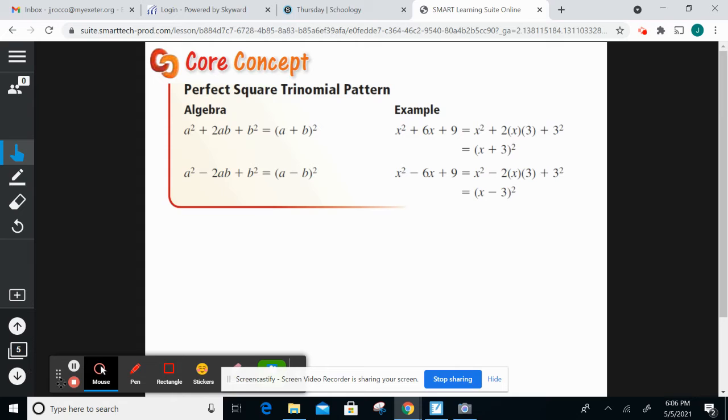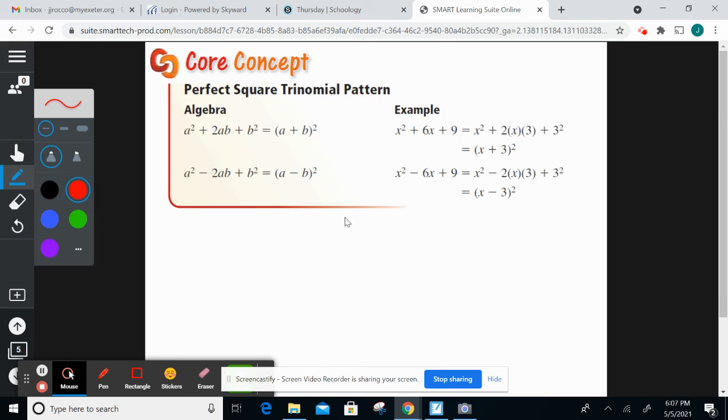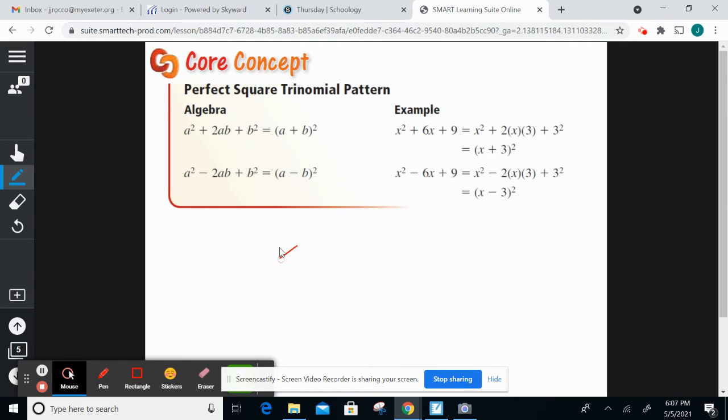All right, now this is a similar type of thing, but I think it's a little bit harder to identify. It's called a perfect square trinomial. And what happens is you'd have to look at, so for example, here's one right here.